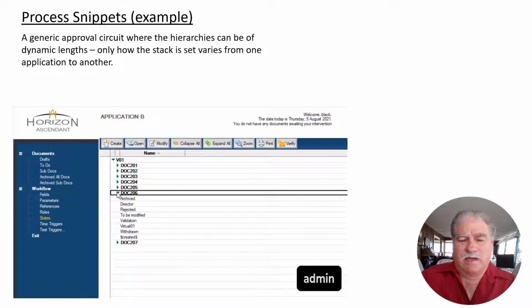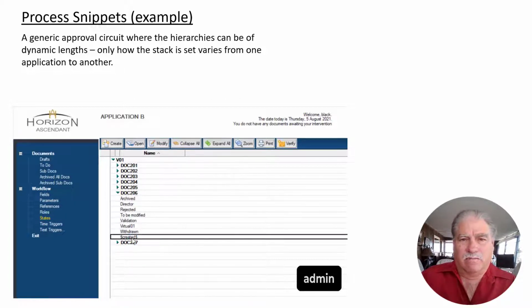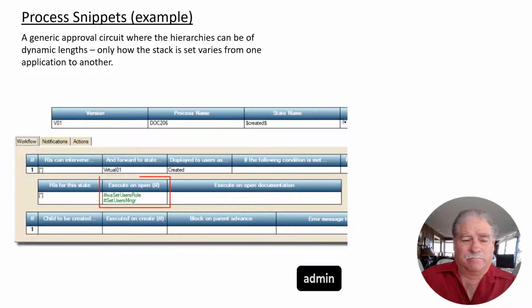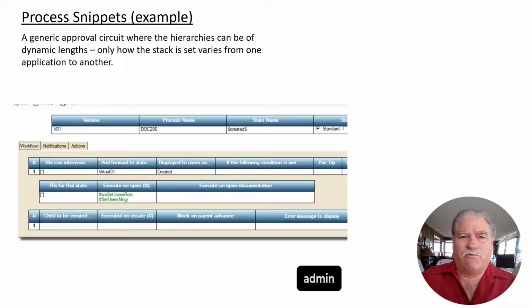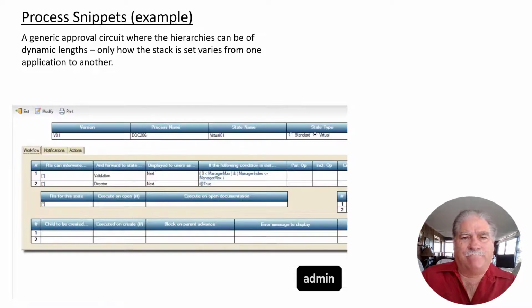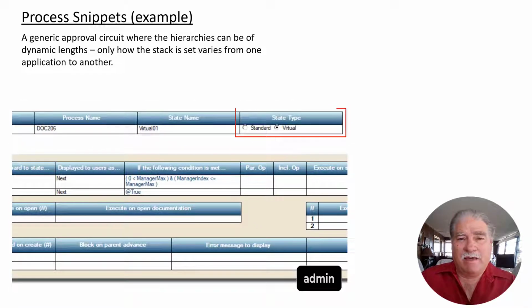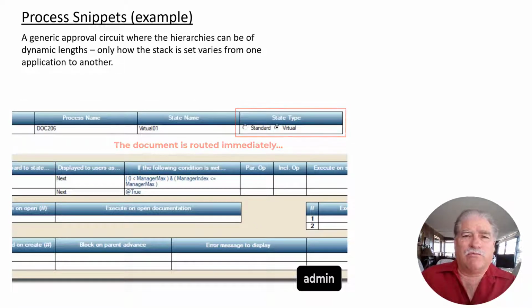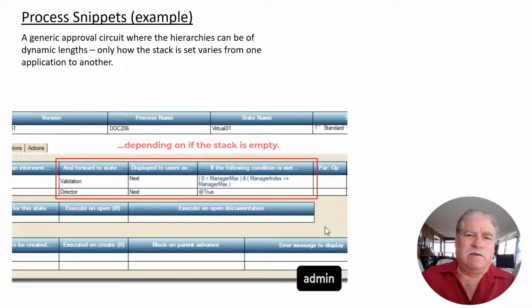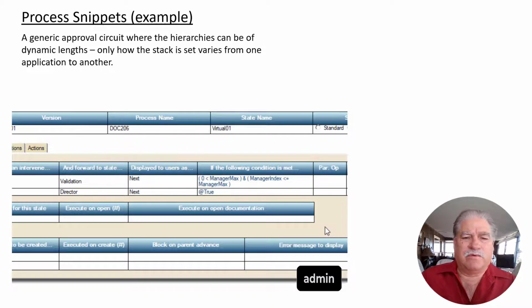So going into the state documents, we'll go into the initial state here. This is where the stack is set. Again, you might set this stack based on any number of criteria. Here we have a virtual state, perhaps better referred to as a pass-through state, where the document is routed immediately, depending on whether or not the stack is empty, the user stack.